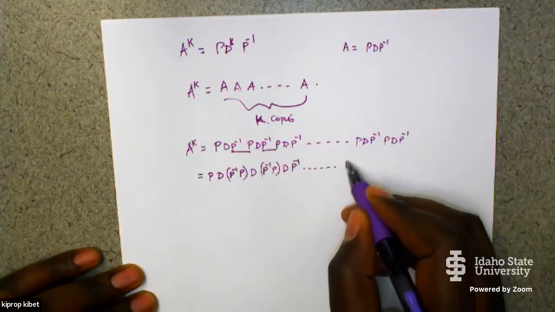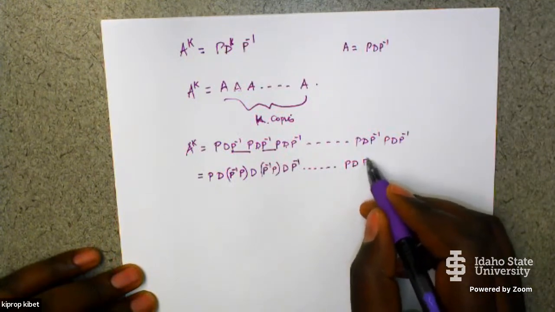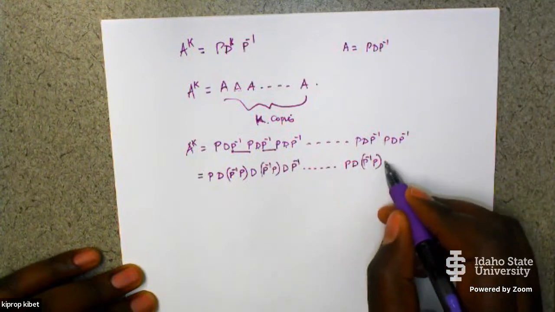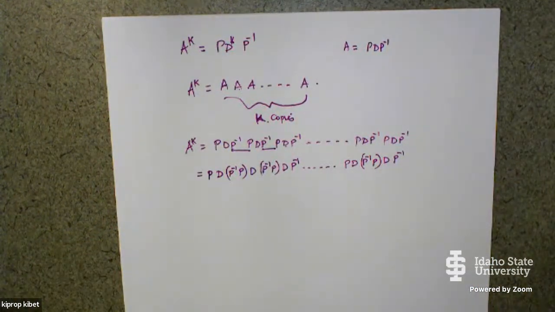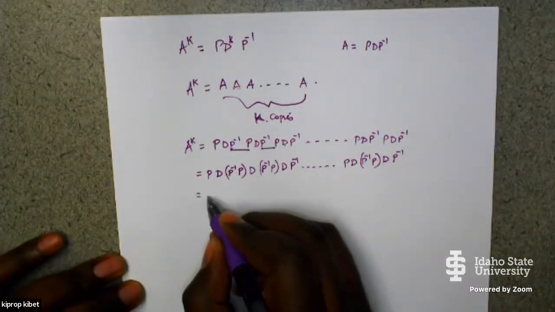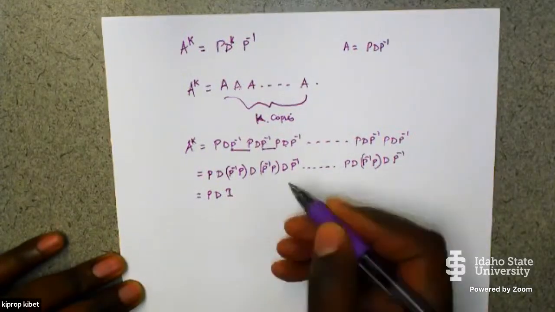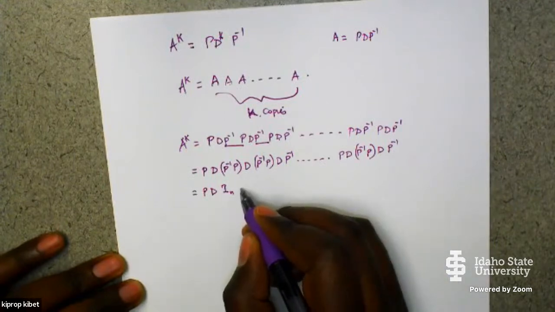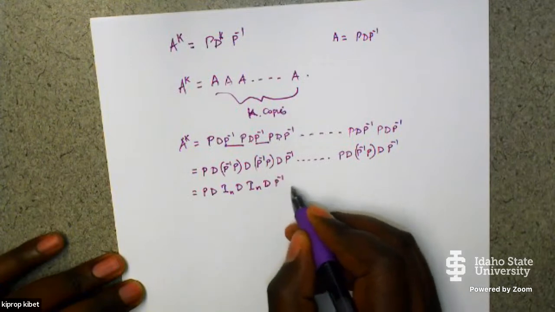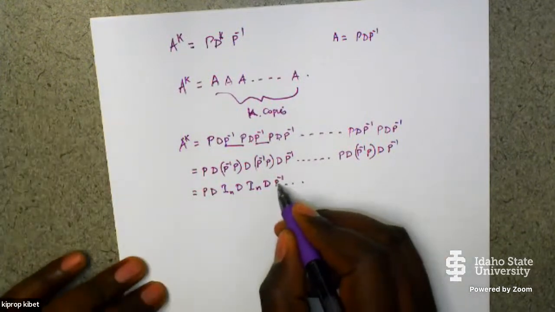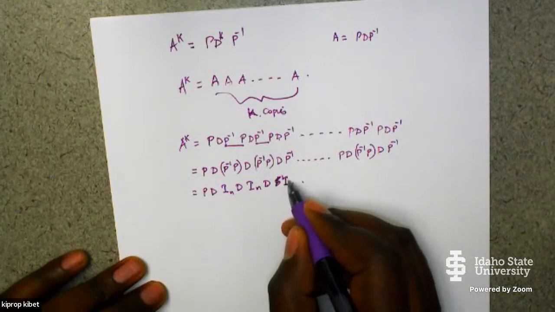There is D, P inverse P here, and then there is a D and then P inverse, the last one. Now, P inverse P is the same as what? Identity. So this is P D I_n, if it is an n by n matrix, D I_n D P inverse, which will still give us I_n.